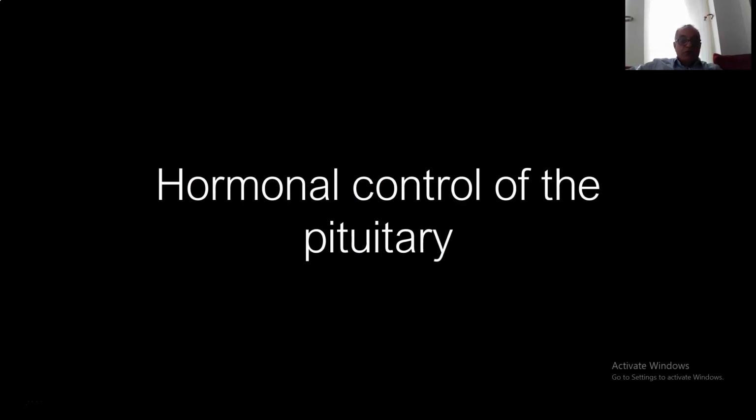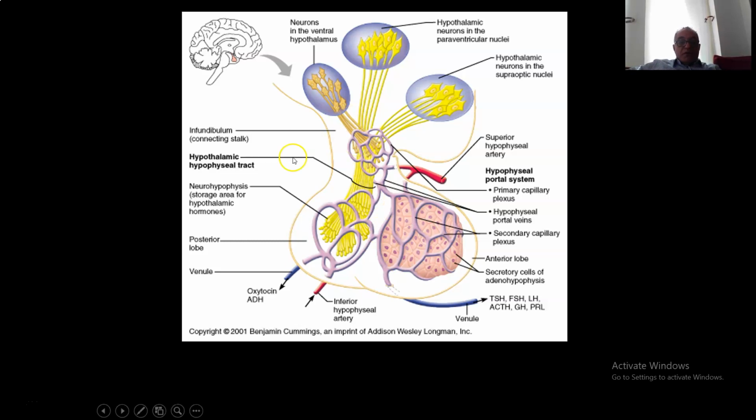Controlling the hormonal control of the pituitary, as we said, the magnocellular nuclei, the supraoptic and the paraventricular nuclei, secreting the oxytocin and the antidiuretic hormone to the posterior pituitary, and the portal circulation taking the different factors to the anterior pituitary.